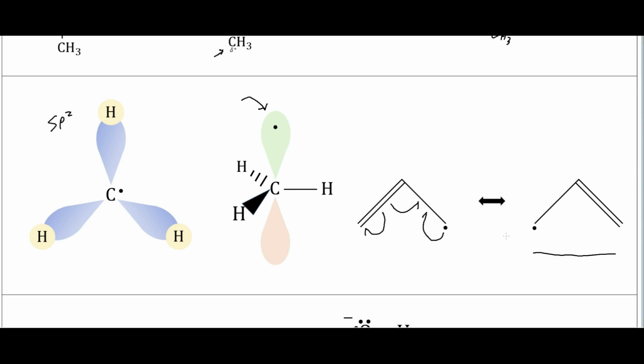And again, this resonance stabilization is not going to make it last significantly longer in solution. It's just going to be more likely to happen. So if we have our propane here, and we have this H, which is reacting with our chlorine, this is going to be less likely to happen than if we have this. So then we have our Cl.